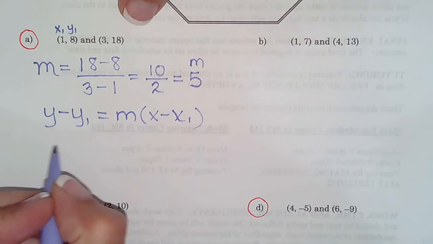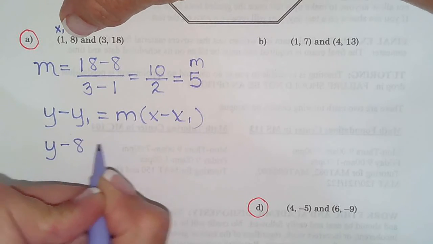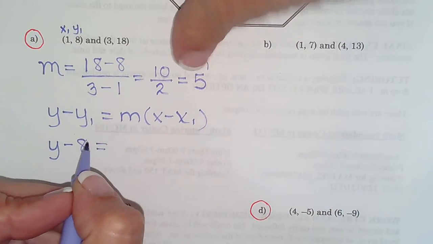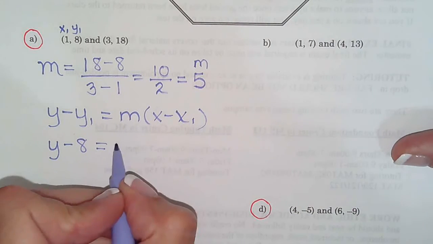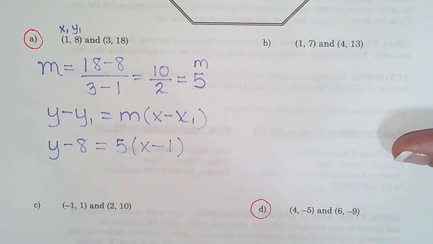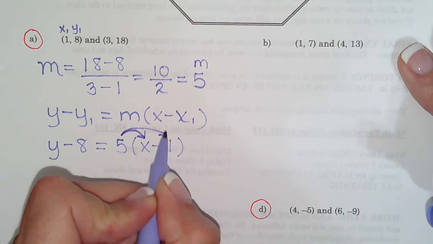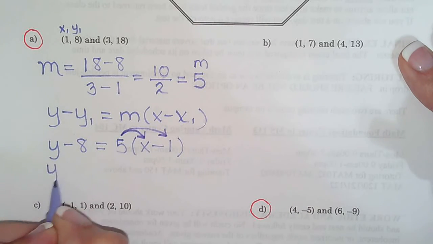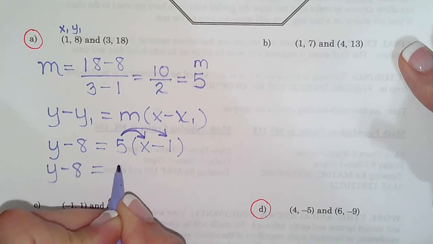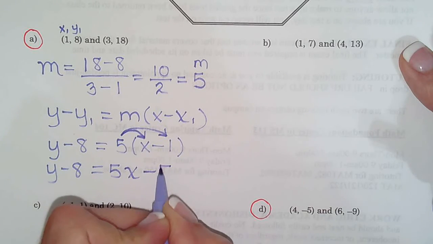You do have to find your slope. So y minus 8 equals 5 times x minus 1. And then we distribute, and I promise I'll throw this pen away after this problem. y minus 8 equals 5x minus 5.